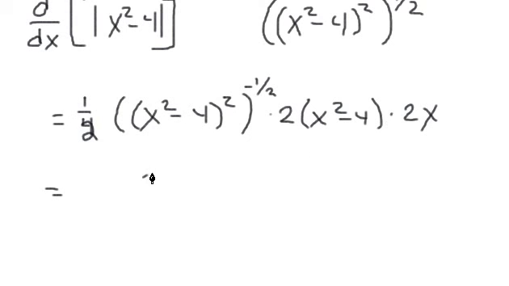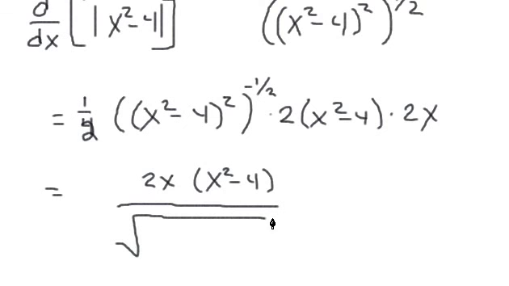We're left with a 2x in the numerator times x squared minus 4, all over, this goes down to the bottom. Let's make that a square root, and then put parentheses: x squared minus 4 quantity squared. So there is the derivative.